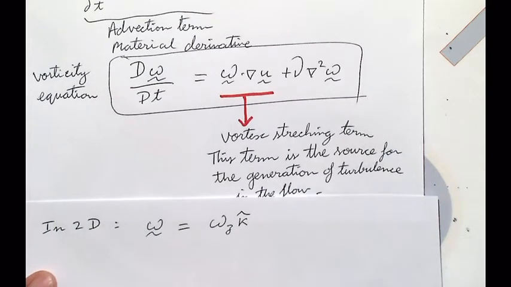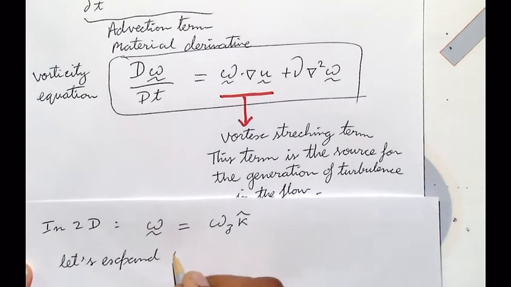∂w/∂z times k times omega_z. Let's expand it out again. Omega dot nabla u.